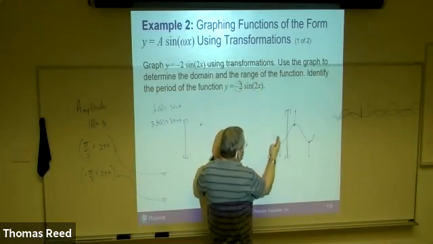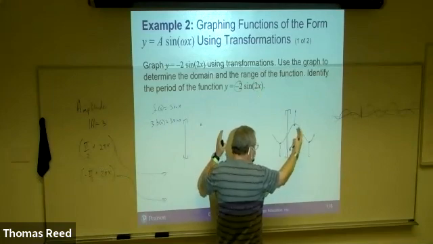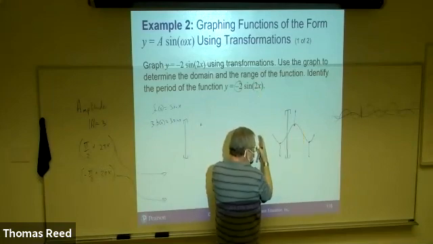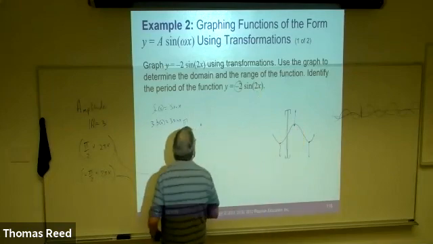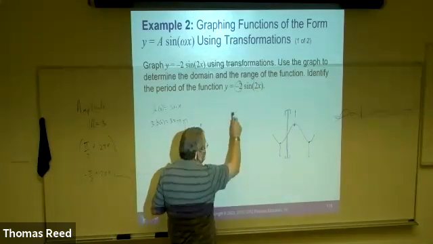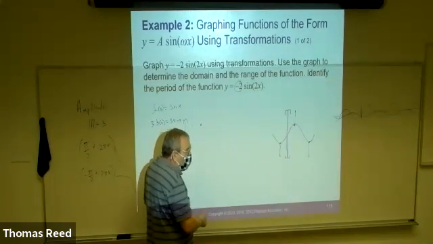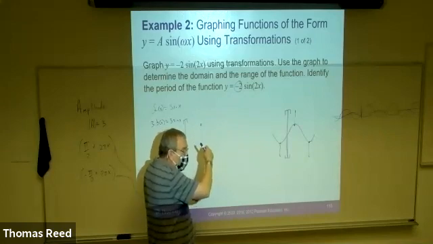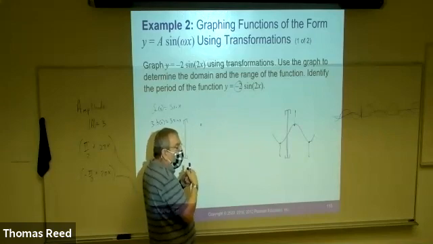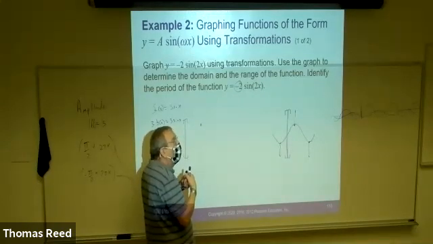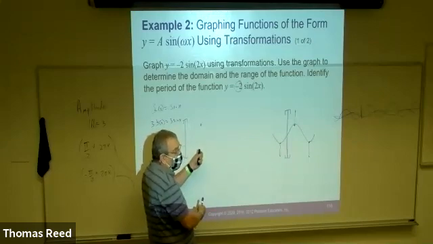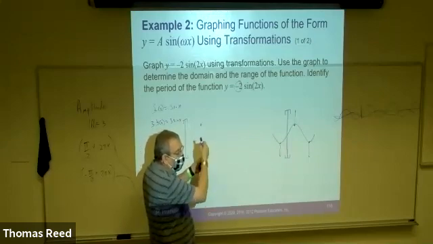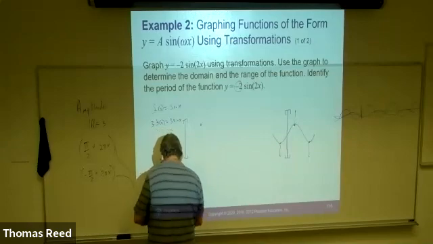So it's going to look similar to this, but it's going to be squashed towards the y-axis. And then this just changes how high it goes and how low it goes, but flips. So where 1, 0 was on the graph, now it's gone down to -1, 0. So the y-intercept flipped across the x-axis.